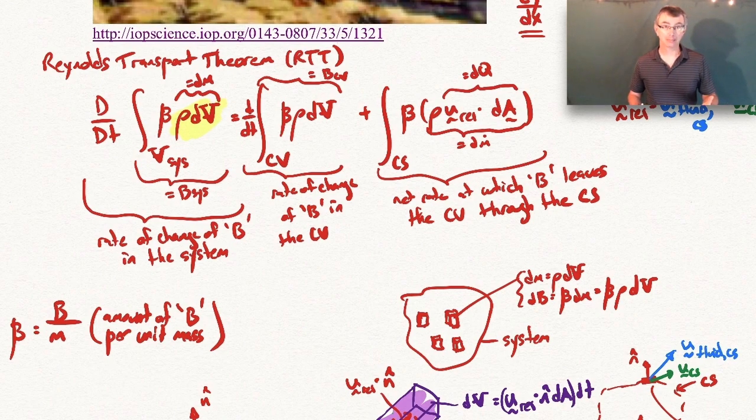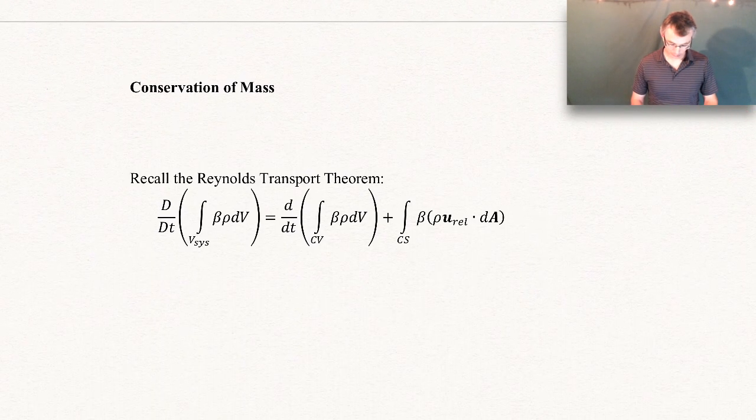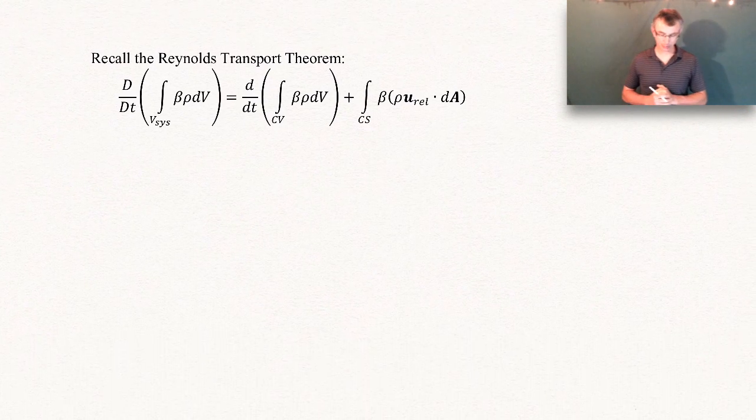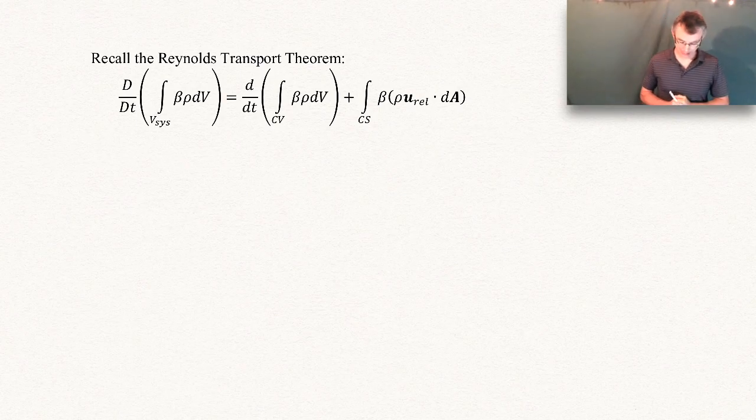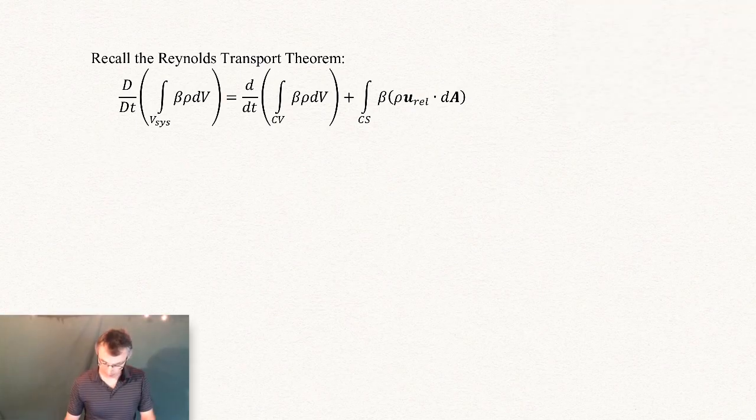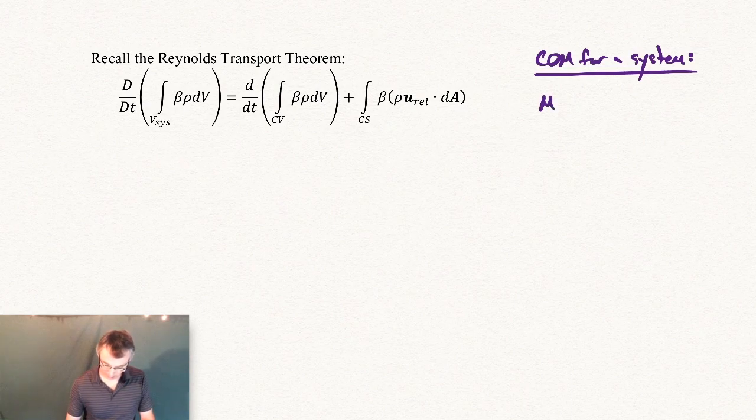Let's go ahead and apply it so you can see how it's useful. We'll apply it to conservation of mass. So here we are with a nice cleaned up version of the Reynolds transport theorem, and in our case what we're particularly interested in is conservation of mass. Conservation of mass for a system just says that the mass of a system doesn't change with time.